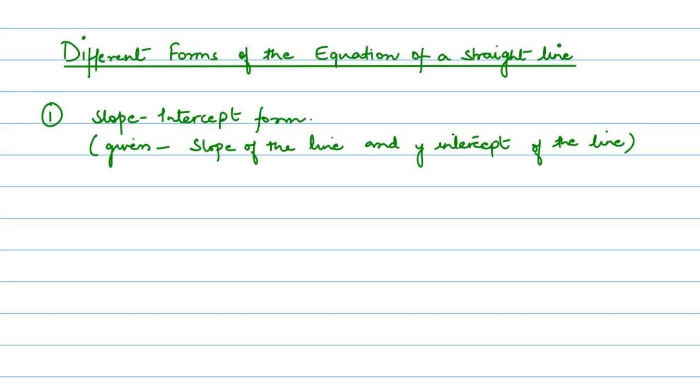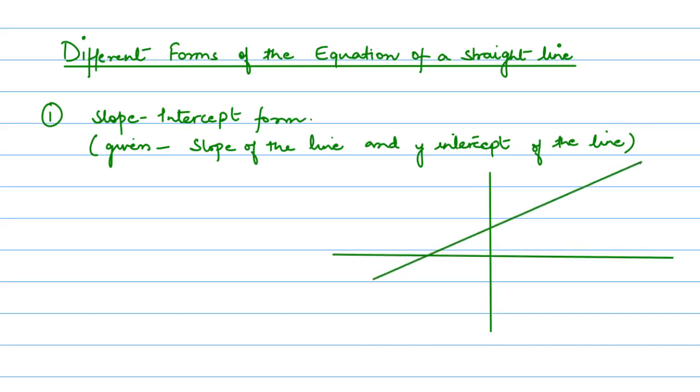Now how do we find this? Let's say this is our coordinate axis and this is our line. This is the y-axis, this is the x-axis. Let's say we know the slope of our line. Either m would be given to us, or we would know theta, because if we know theta we can get m by using tan theta.